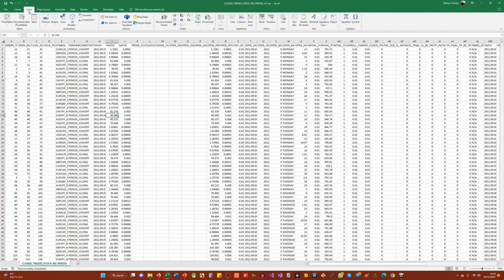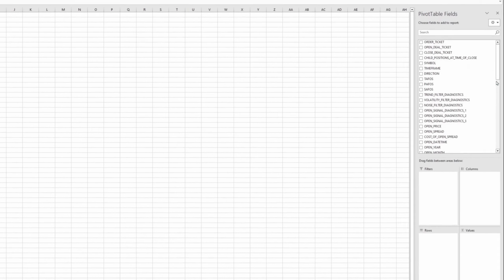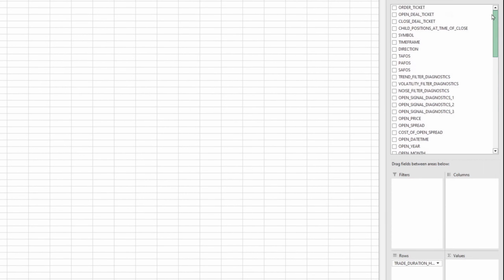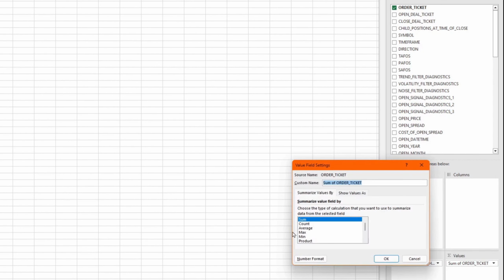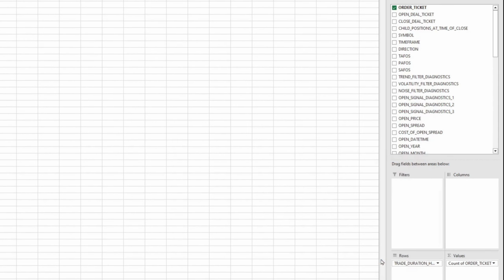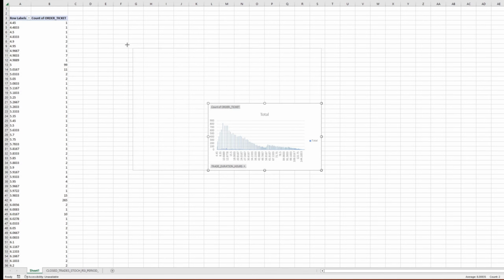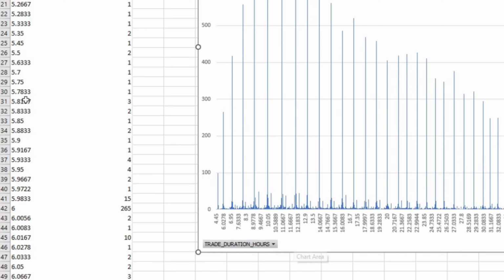So we'll do the same thing. We'll insert a pivot table, choose the duration, and look at the count of orders, create our pivot chart, and again we'll need to do a grouping here.